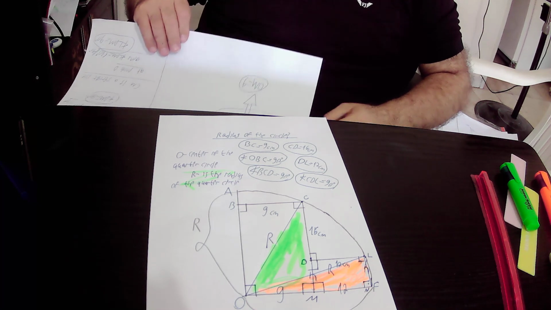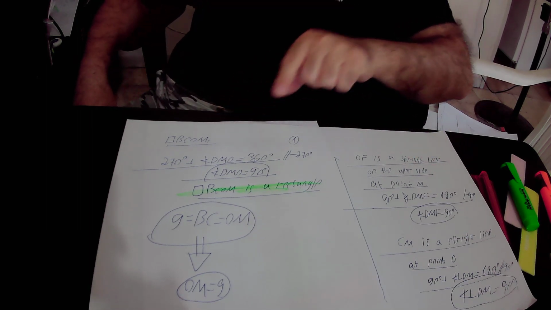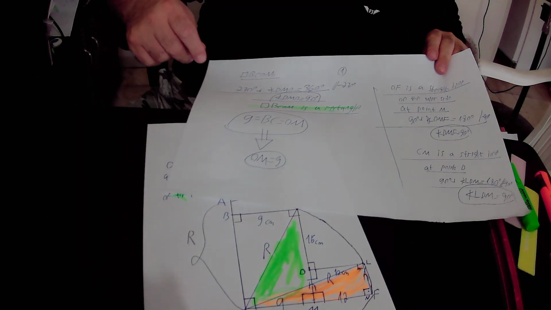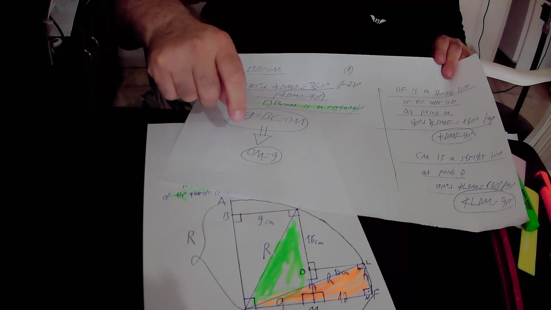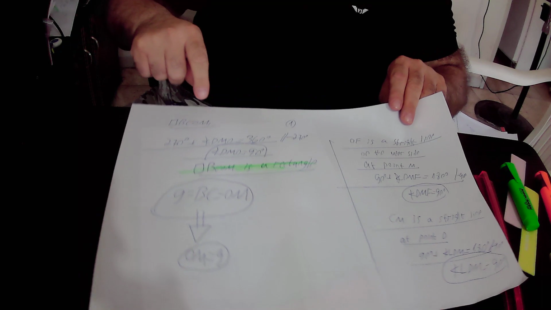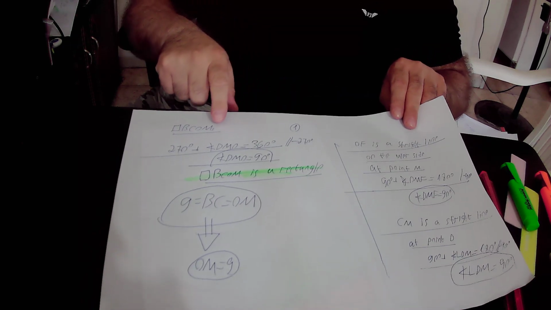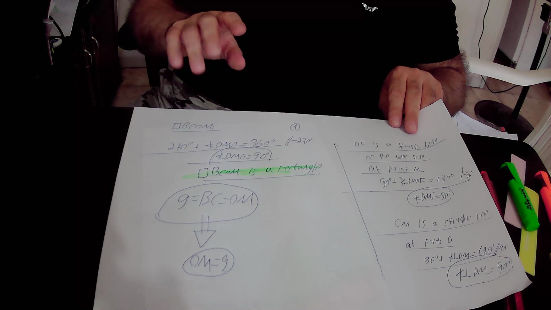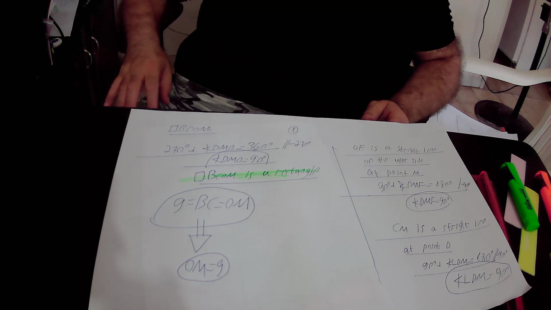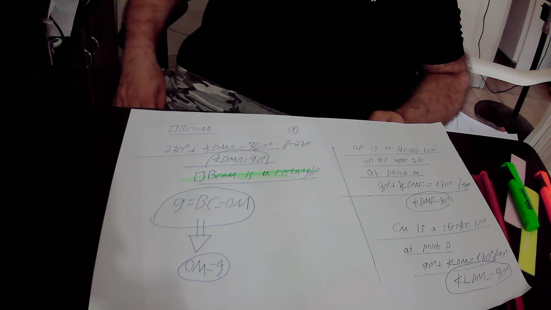The sum of 3 right angles is 90 times 3, which is 270 degrees, plus the size of the fourth angle, that is actually this angle DMO. In total, the sum of those 4 angles must be equal to 360 degrees, according to the rule that the sum of the angles in any quadrilateral is equal to 360 degrees.